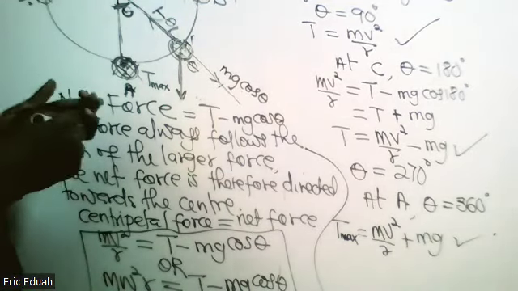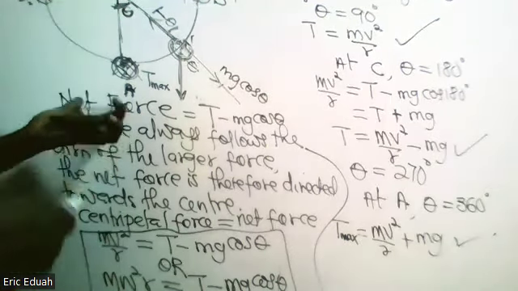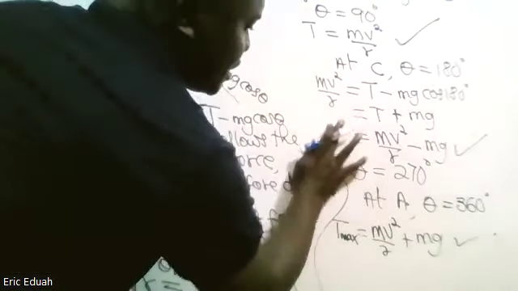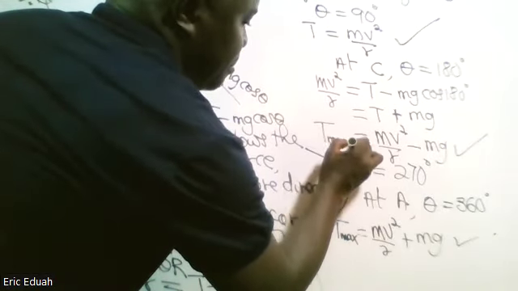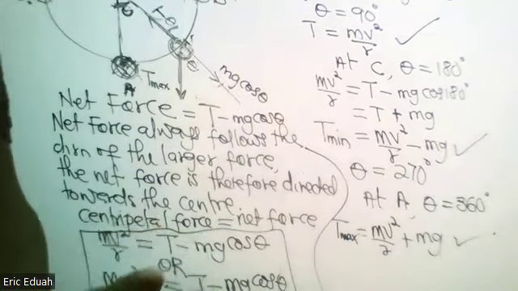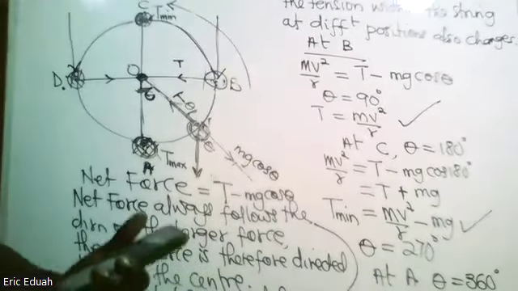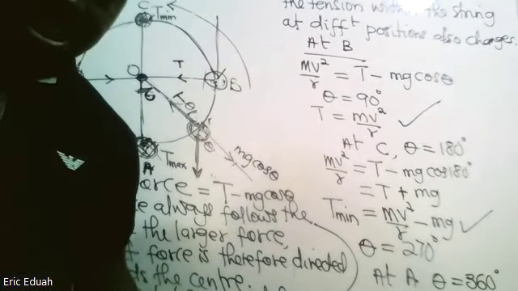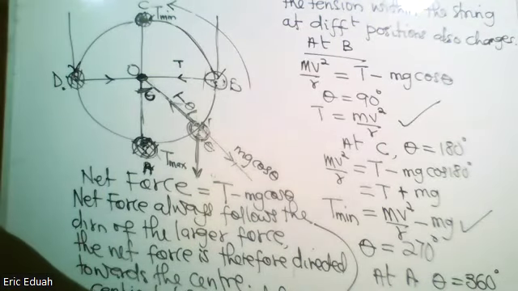And T minimum occurs above the circle. This is the expression for T minimum. Minimum tension occurs above the circle. And these are what will be asked: calculate the maximum tension in the string, calculate the minimum tension in the string.